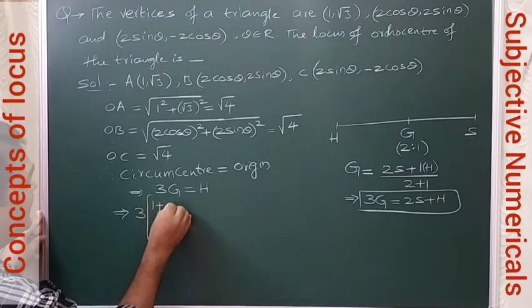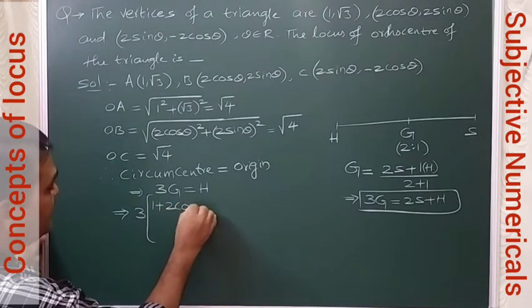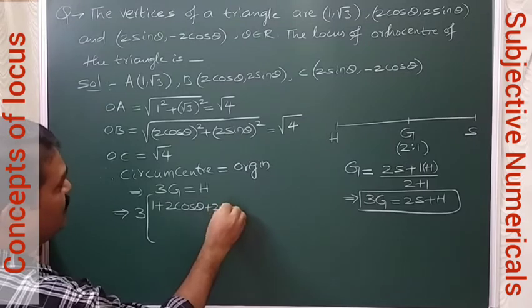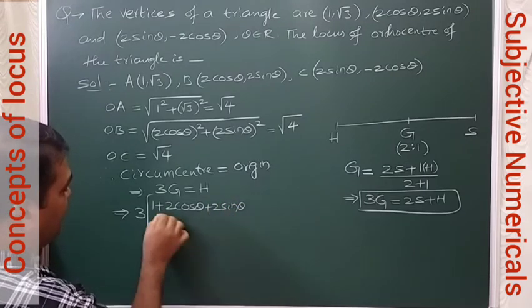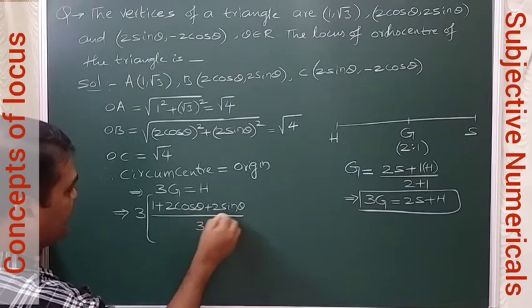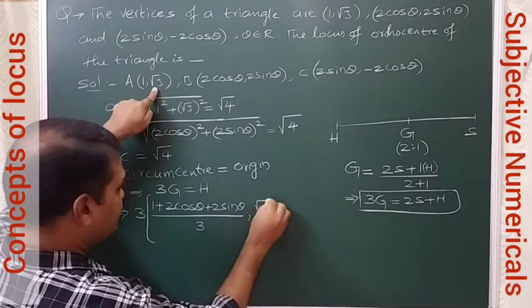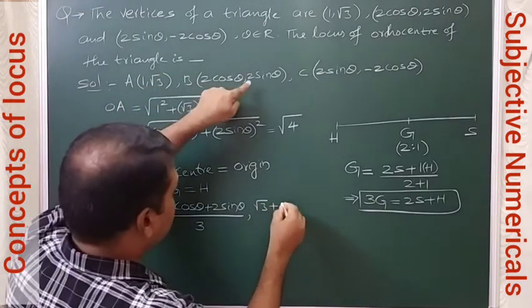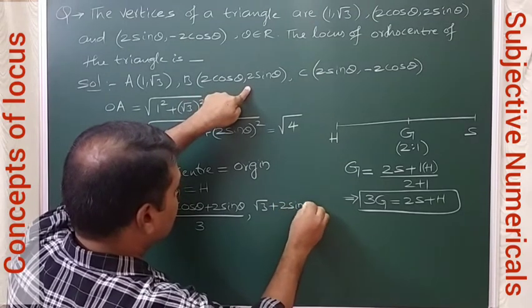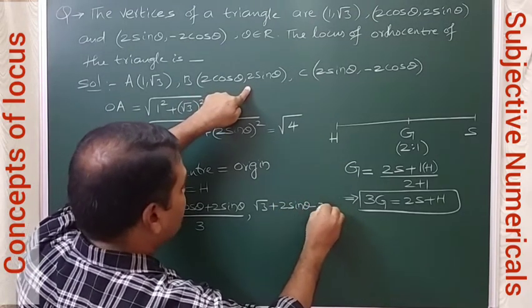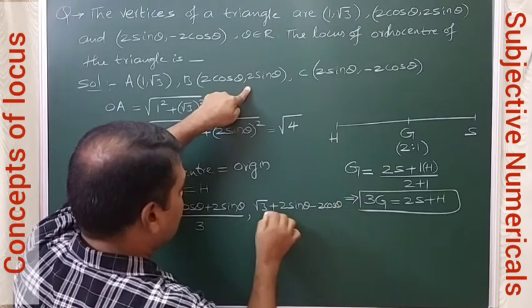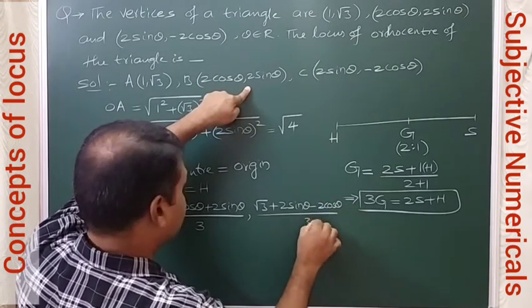So the x coordinate of centroid is (1 plus 2 cos theta plus 2 sin theta) by 3. The y coordinate is (y1 plus y2 plus y3) by 3.